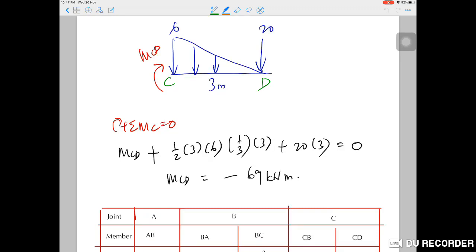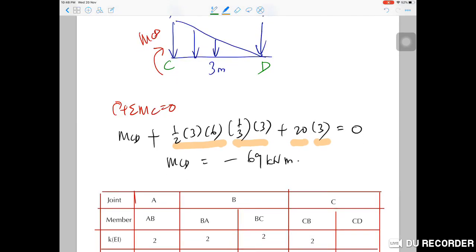We apply the equilibrium equation: MCD plus, moment is P times L. P is force, so for a triangular load the force is equal to the area. The area is 1/2 times 3 times 6, and the length is 1/3 of 3. Plus we need to add P is 20, length is 3. So we get negative 69.